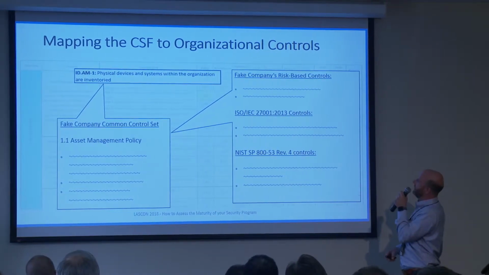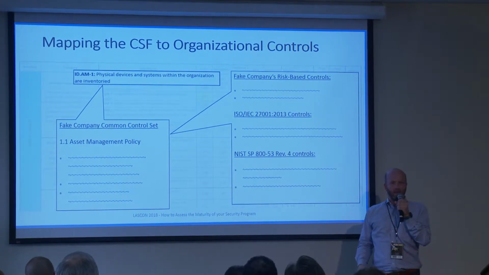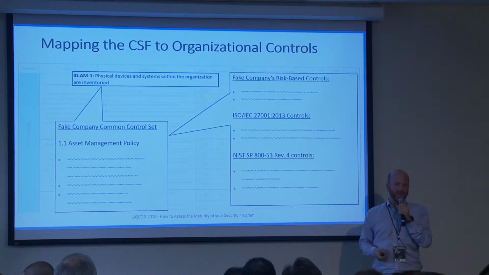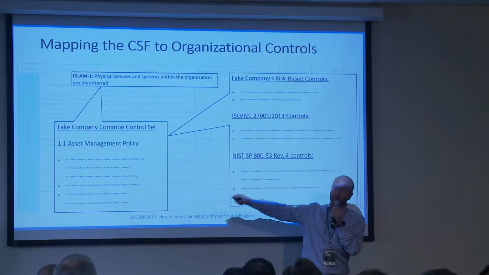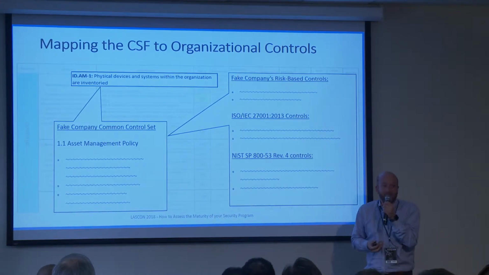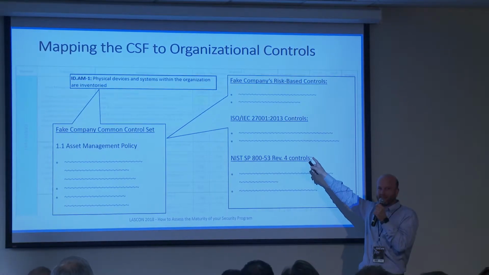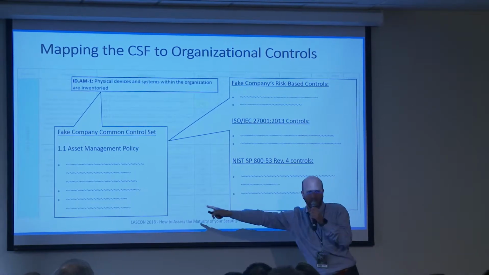So first and foremost, if you do risk assessments, then you have mitigating controls that are defined as a result of your risk assessments. So those go into this common control set. You might be managing against ISO 27001 as a baseline, so the requirements from that standard go into your common control set.